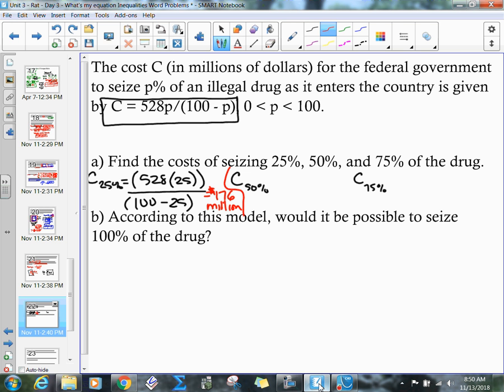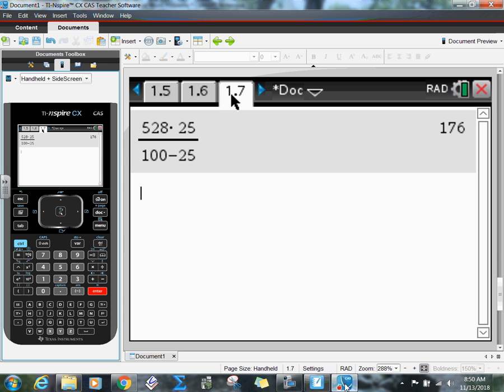You're supposed to do the same thing for these other values. I'm getting a different value than what I had originally. Oh no, I'm not. I just didn't calculate them. So if I plug in over here, same thing again, 528, and then I'm multiplying this time.